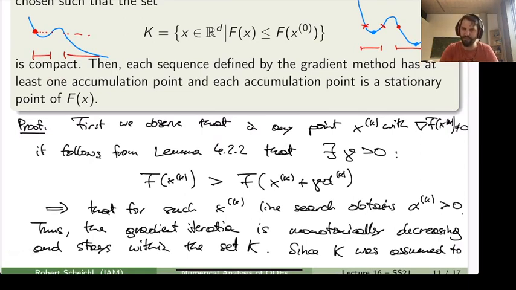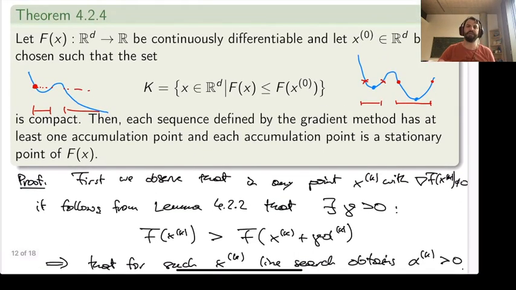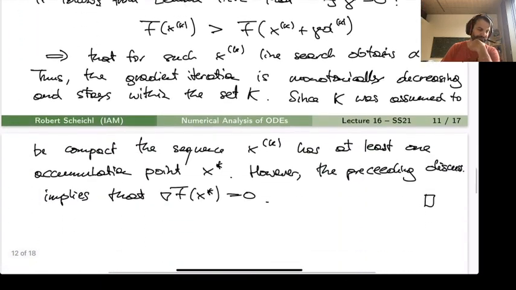Otherwise it has to go through some saddle point where gradient of f is non-zero. So there are some awkward special cases you need to deal with that I wanted to avoid in this proof. But basically it shows that for any point x naught, we can find a local stationary point, a point where grad f is 0.